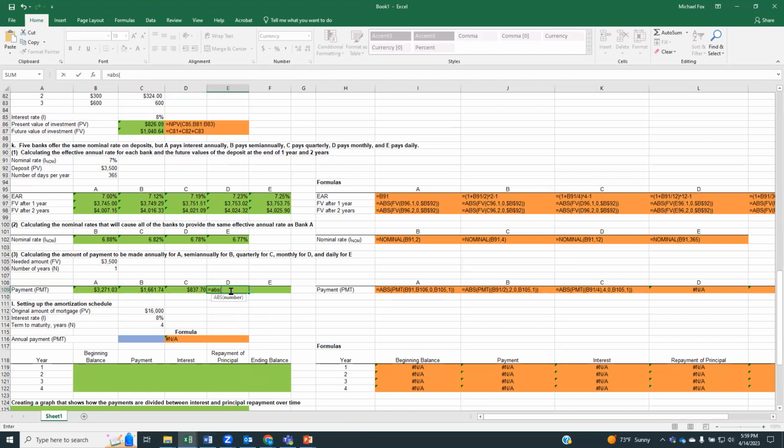Equals absolute value PMT, rate. We're going to take our rate. This time it's monthly, so divided by 12. Number of periods is 12. Present value is 0. And type is 1.